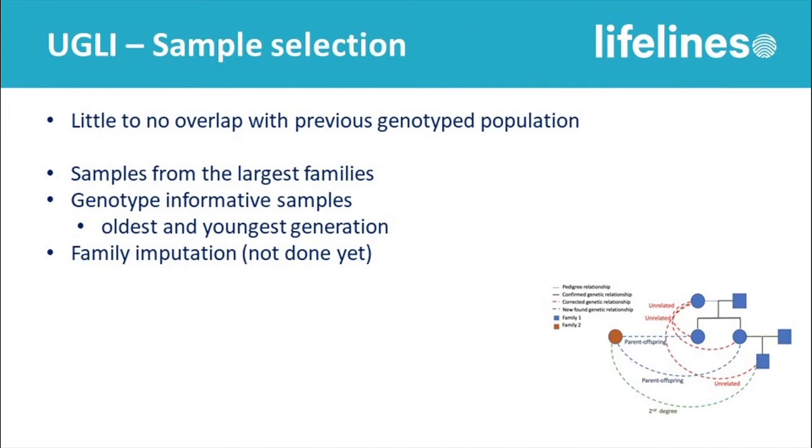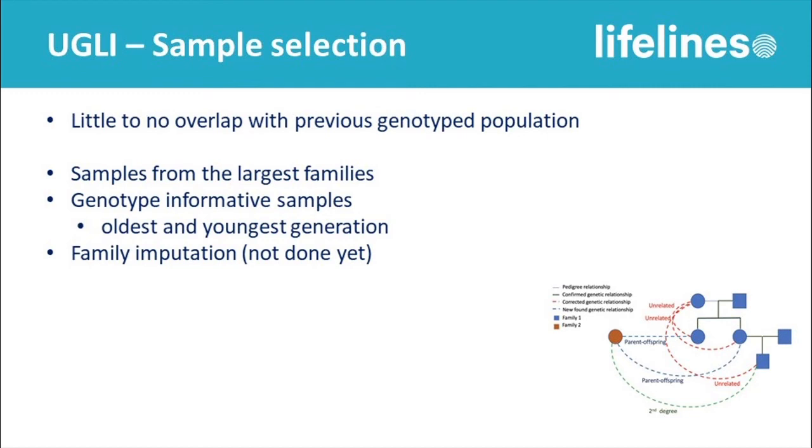So how were the samples selected within the UGLI population? There's little to no overlap with the previous genotype population, so this is the population of 15,000 participants using the cytosnip array, apart from some samples which were used for quality checks.